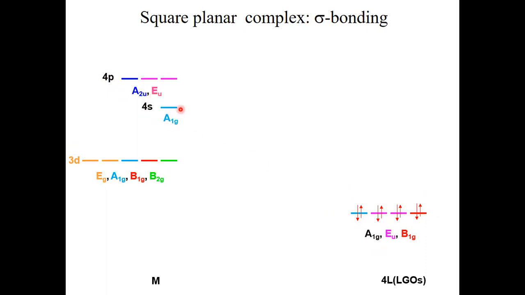So we have one a1g here, we have another a1g over there, and also one of our ligand group orbitals has A1g symmetry type. So that should actually be blue here. How many molecular orbitals of A1g symmetry will that give? Well, it will give 3.